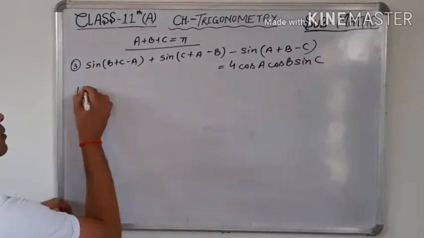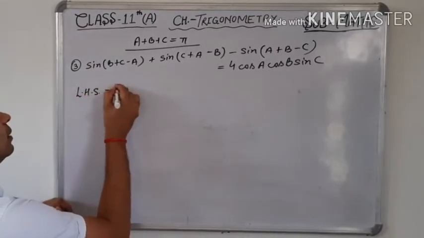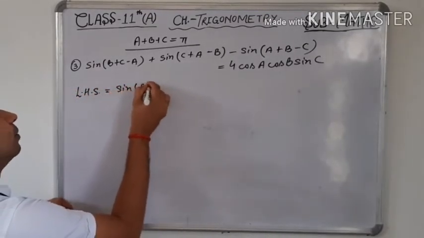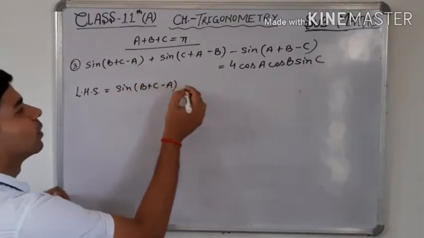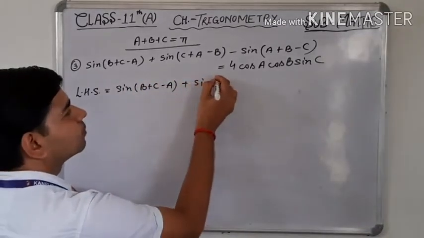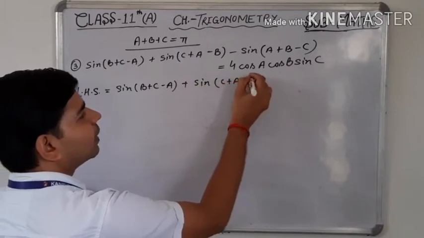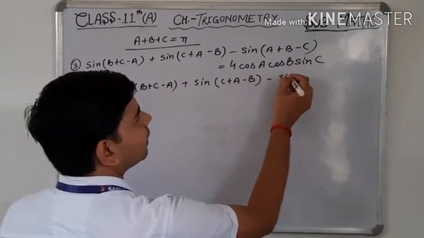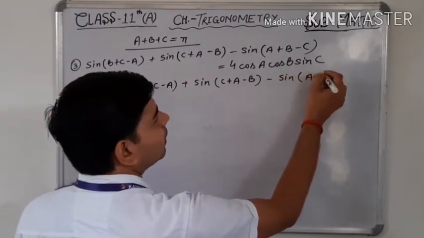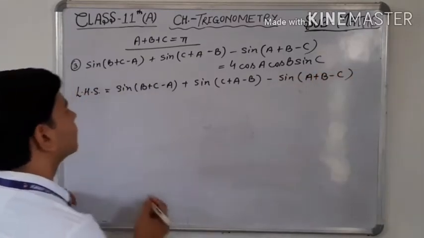We will start the question from the left hand side. Sin b plus c minus a plus sin c plus a minus b minus sin a plus b minus c.